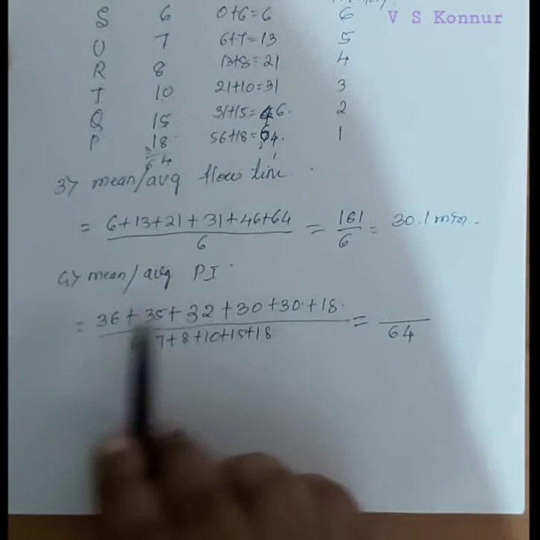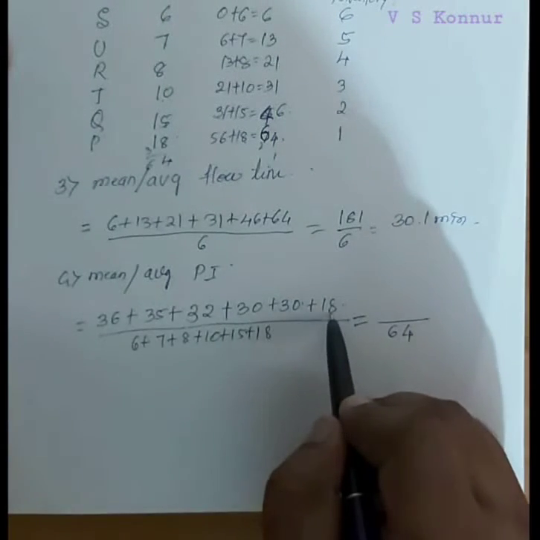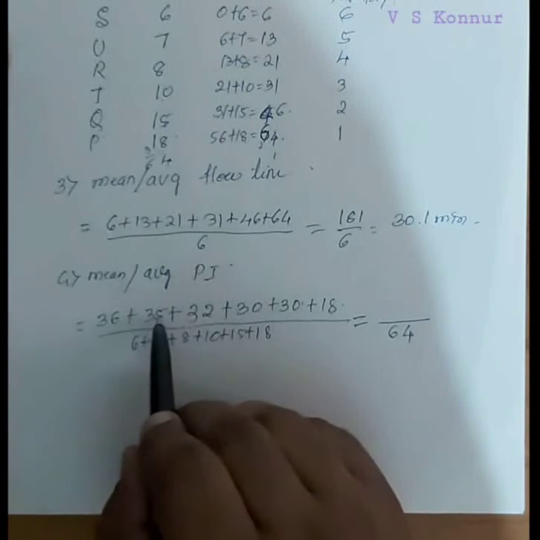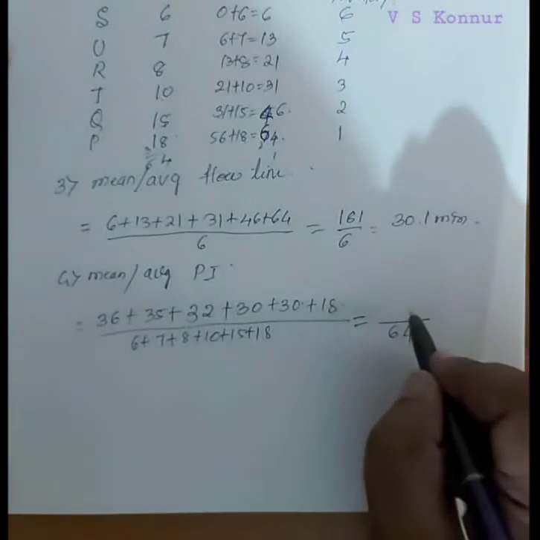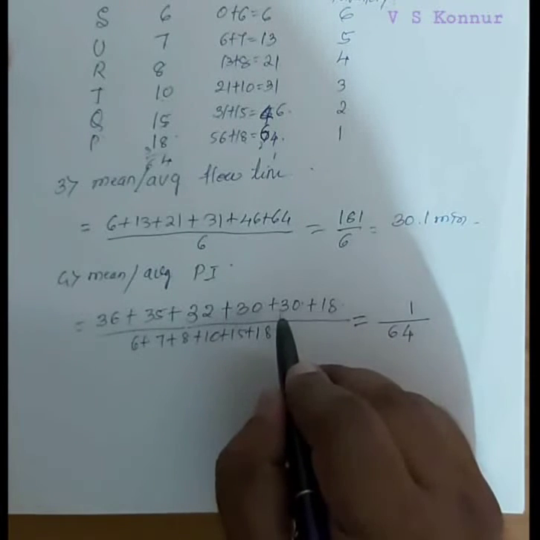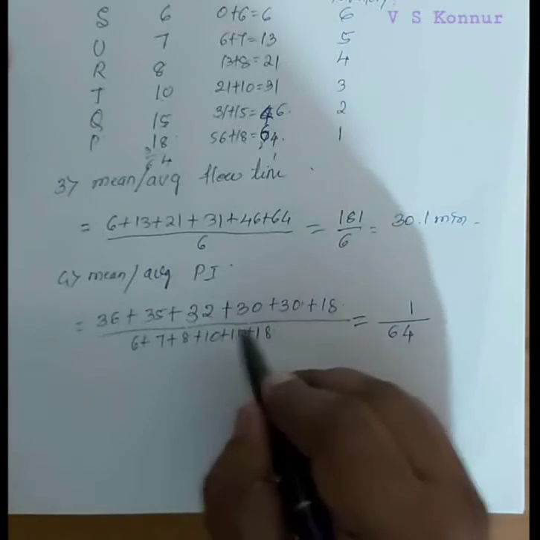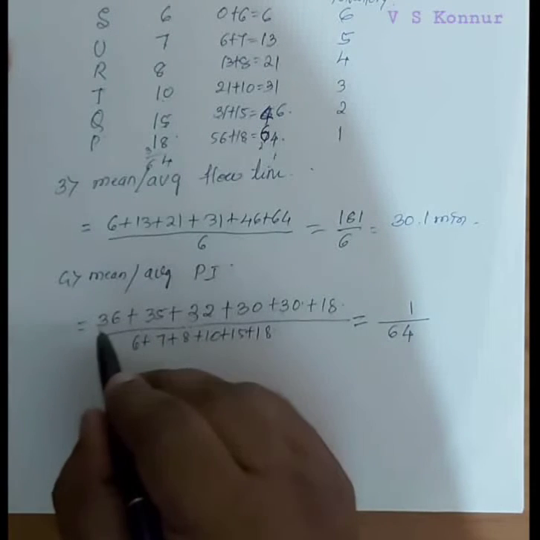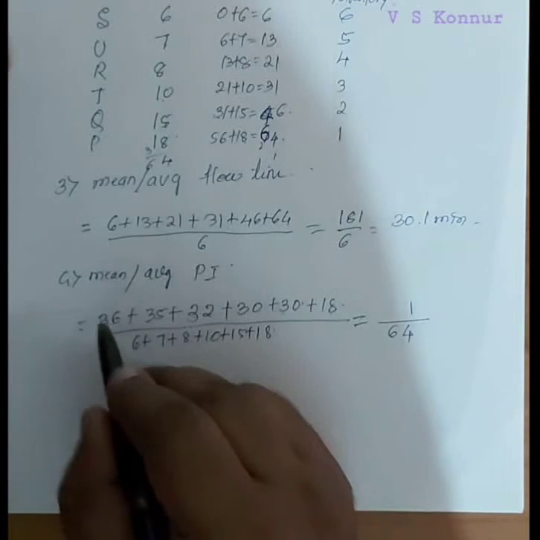Now you have to add all these. So 8 to 10, 15, 21. 2 plus 1, 3, 3 plus 3, 6, 9, 12, 15, 18.